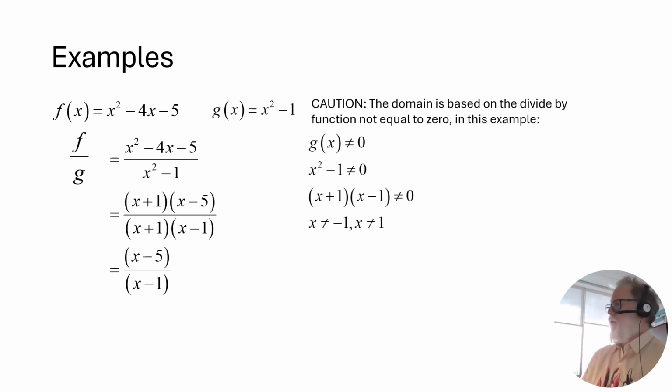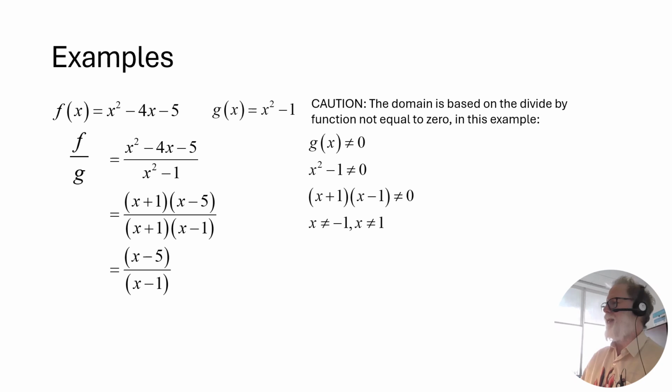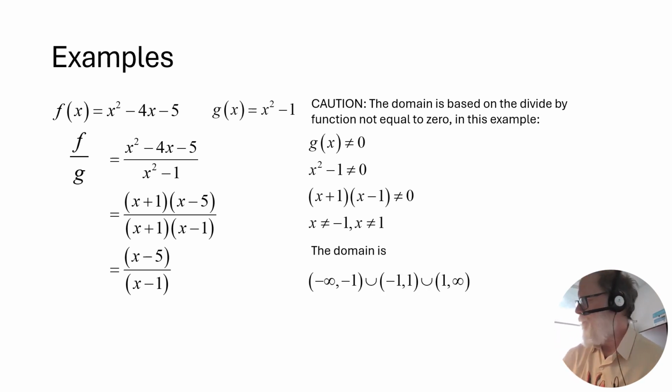And then you solve it, and you have two values that are not in the domain. If you just look at the simplified answer, you're getting it wrong. So go back to the beginning and look at the entire divide by. And like the other divide by examples that we've gone through so far, same kind of notation.